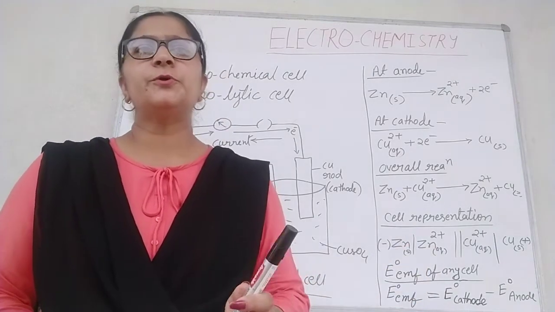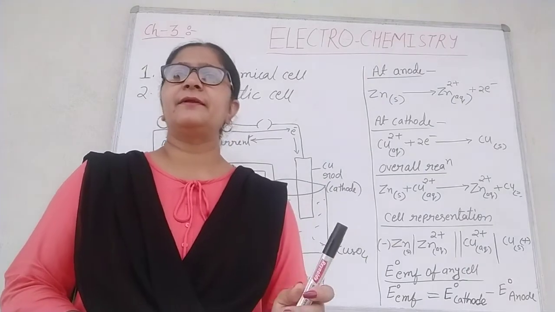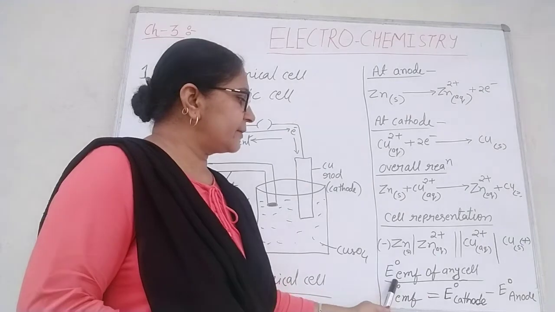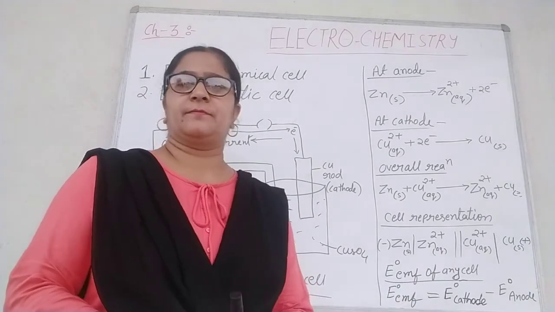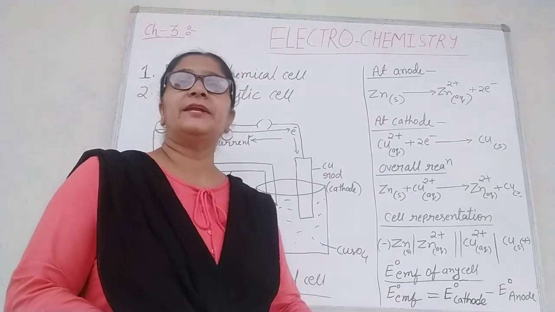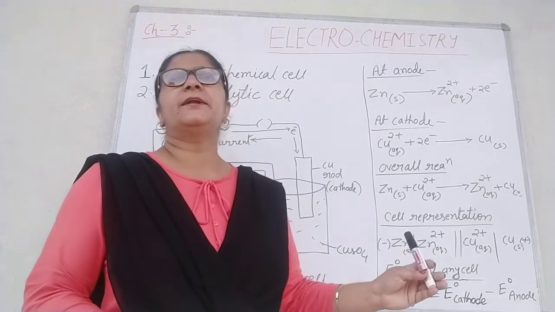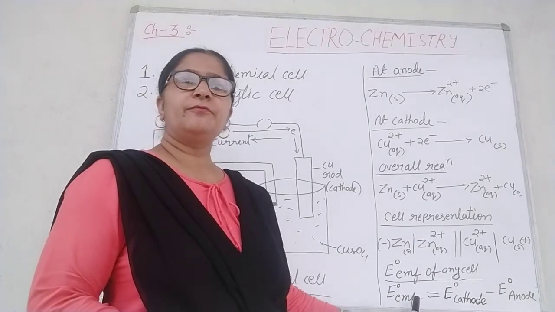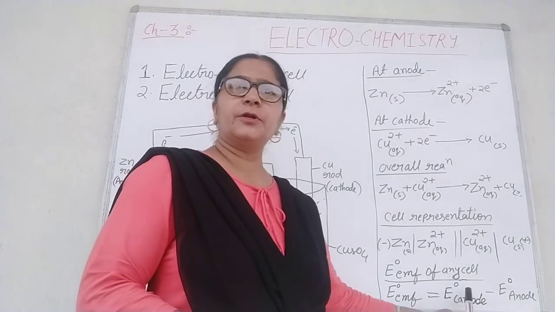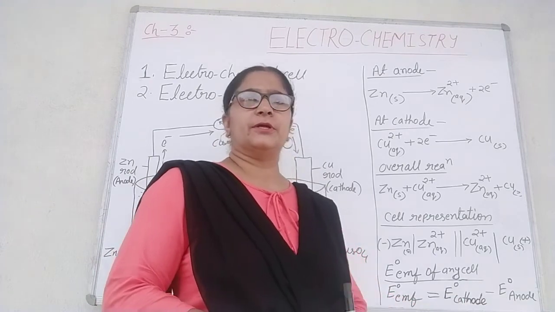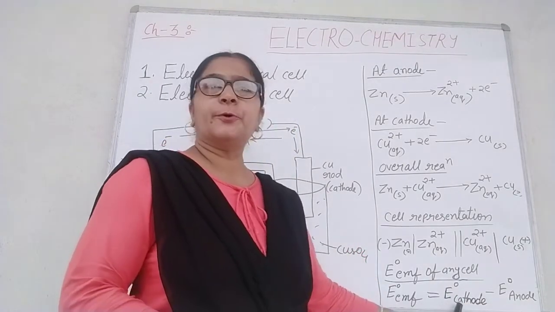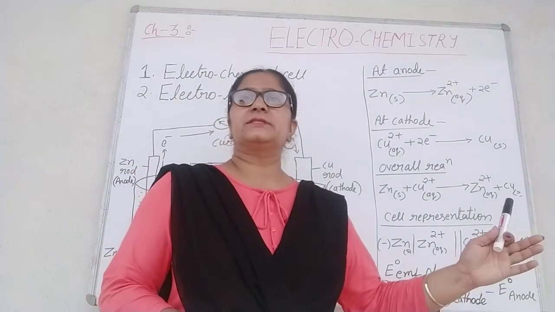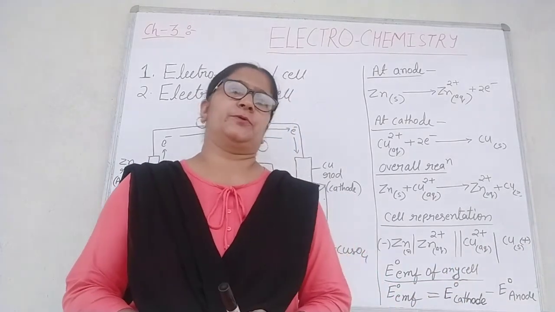Now we can also calculate the value of standard EMF or standard cell potential. Standard EMF of any cell can be calculated by taking the difference of two electrode potentials. E naught cell, EMF, is equal to E naught cathode minus E naught anode. Here E naught cathode means standard electrode potential of cathode, minus standard electrode potential of anode.